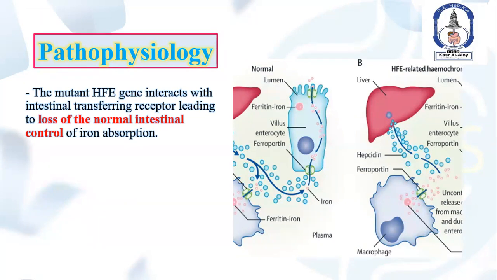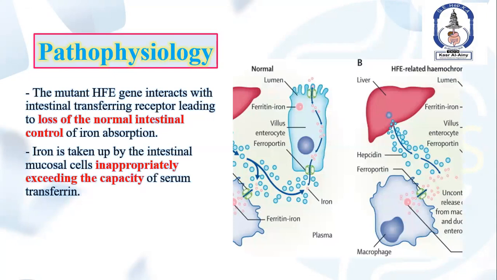So the mutation of this HFE gene will interact with the intestinal transferrin receptor, leading to the loss of normal intestinal control on the iron absorption. So the iron will be absorbed in mega amounts, inappropriately, in amounts exceeding the capacity of serum transferrin.